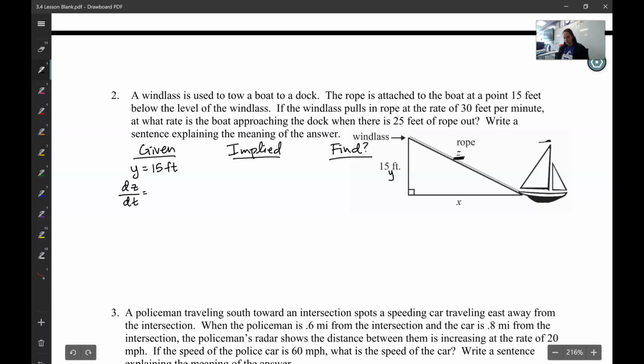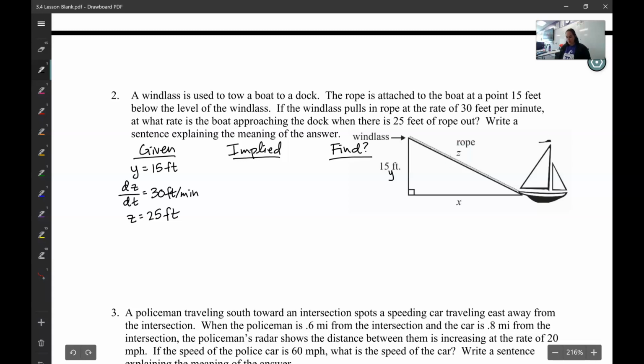So we're changing this one over time. It's going to be 30 feet per minute. Now we also know that there is 25 feet of rope out. That's Z. So we know that Z is 25 feet.